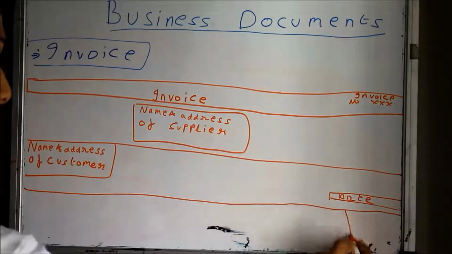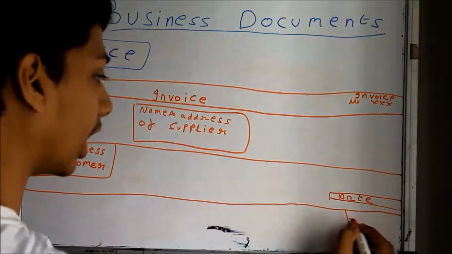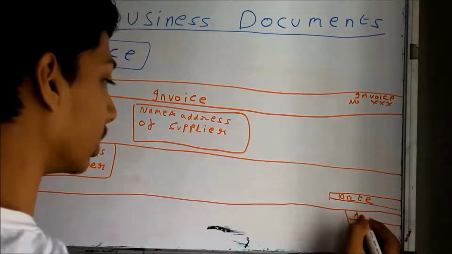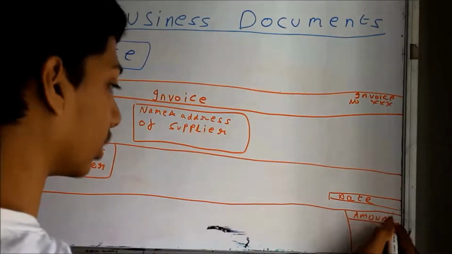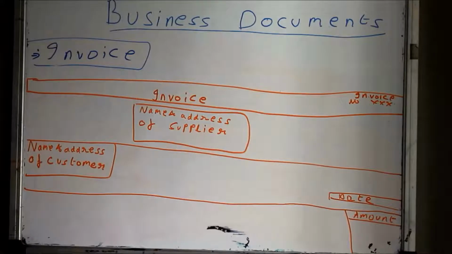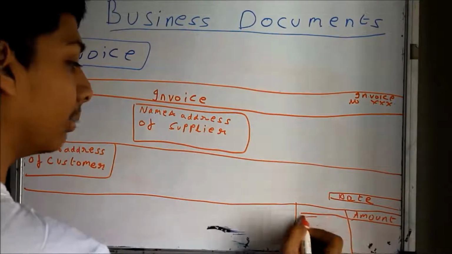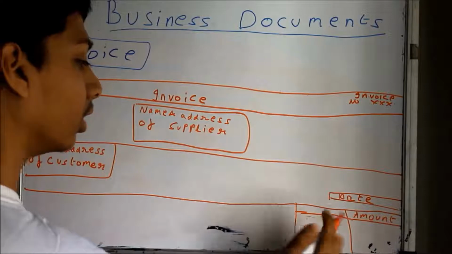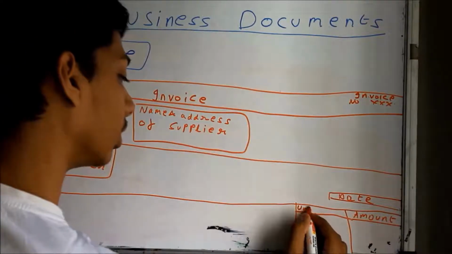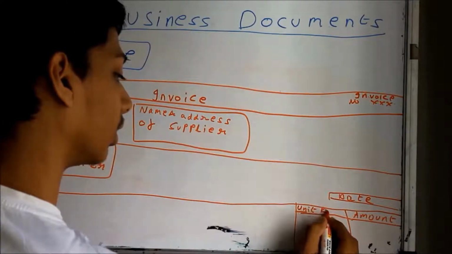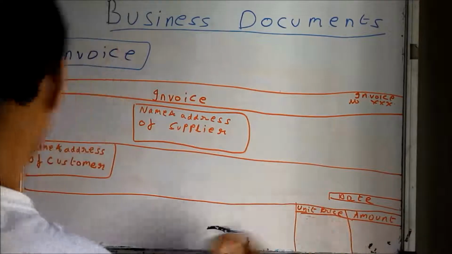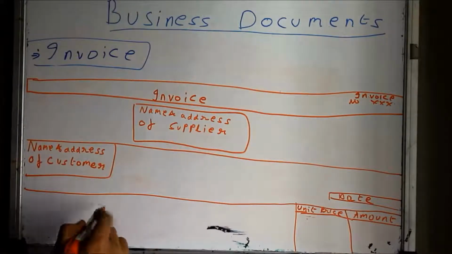On the last column, it will be written amount. In the second last column, the unit price, which is the price at which each good is sold, and then the description of the good.